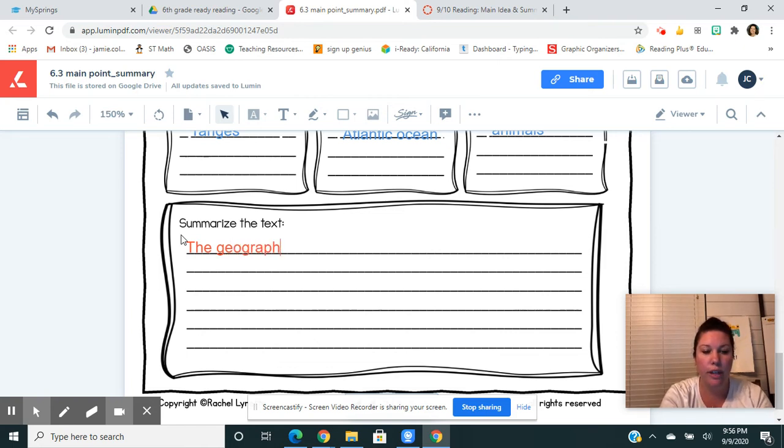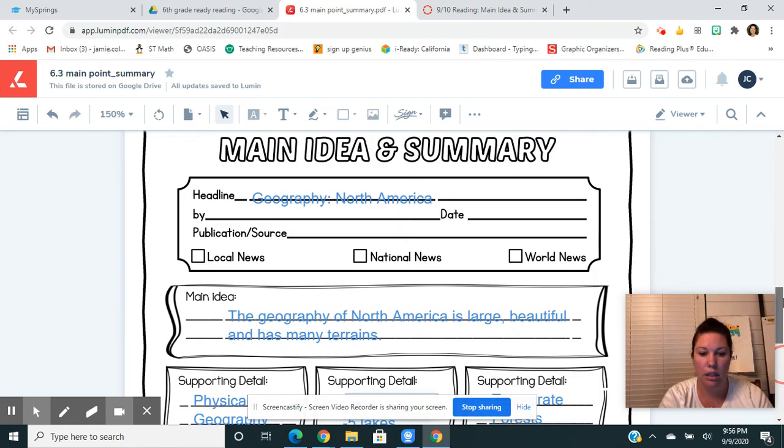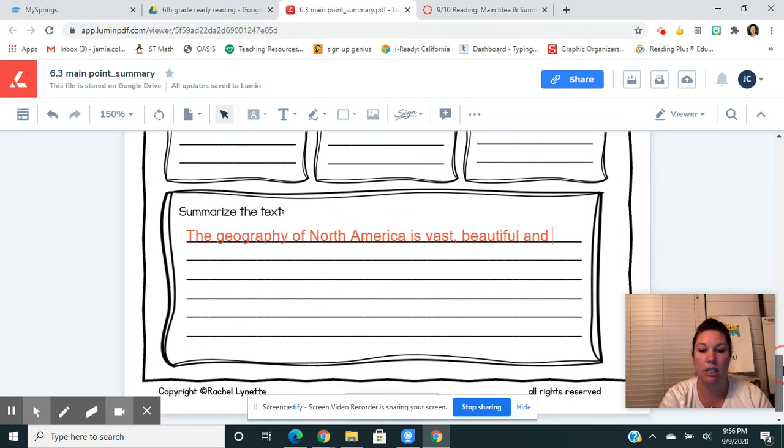The geography of North America is, I'm going to use one of my vocabulary words, vast, beautiful, and what else did I say? Vast, beautiful, and has many terrains.